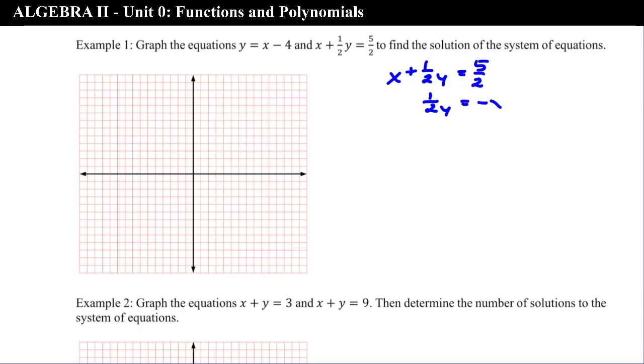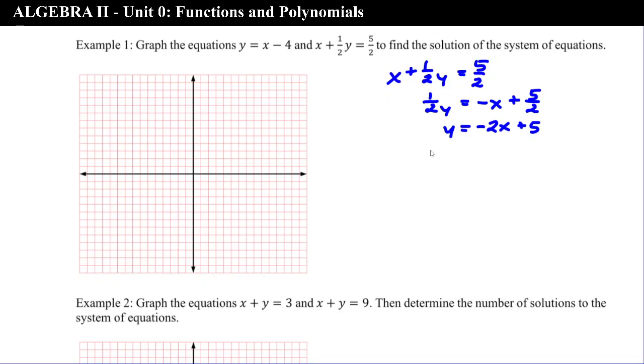I'm going to lead with our x term on the other side because we want it in slope-intercept form, so our x term needs to be first. And then to get rid of the 1/2, we're going to simply multiply each side by 2. So we're left with y equals negative 2x, and then plus 5 when we multiply 5 halves by 2. So now we have both of our equations in slope-intercept form.